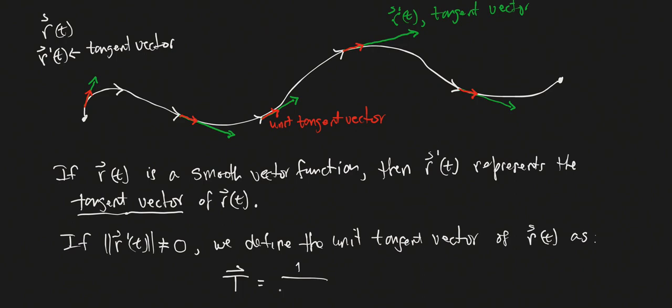So let's do that. Right? And we're guaranteed, as a part of our hypotheses, that this magnitude is non-zero. So this is 1 over the length of the tangent vector, and then when we multiply the tangent vector, it now becomes normalized, right?